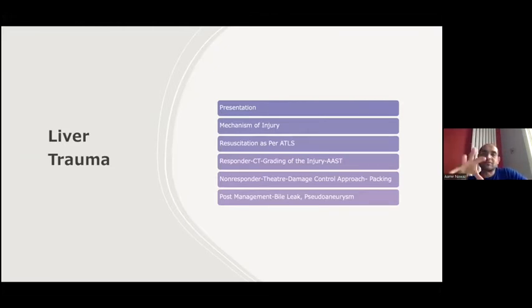Then start removing the packs from the place of least bleeding, to see if there is no bleeding coming, and then you come to the right upper quadrant where you think the liver is injured. But be careful, as a surgeon you don't have to just rush in and thrust the pack inside. You have to be very meticulous and careful, because you can cause more damage than good.